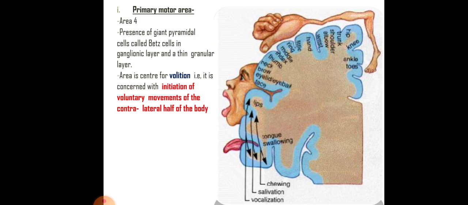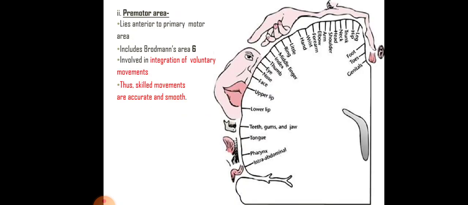It is located just in front of the central sulcus. It has giant pyramidal cells, known as Betz cells, in the ganglionic layer and in the granular layer. This area is the center for volition, that is, it is concerned with initiation of voluntary movement of the contralateral half of the body.